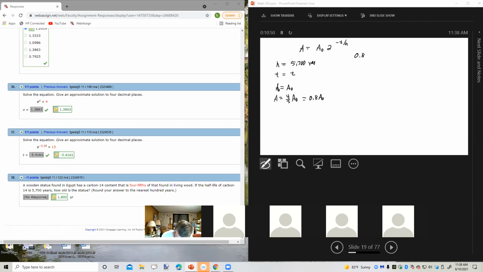So 0.8 A sub 0 equals A sub 0 times 2 to the negative T over 5,700 power. Divide both sides by A sub 0. 0.8 equals 2 to the negative T over 5,700 power. I can now change this into log base 2 of 0.8 equals negative T over 5,700. Multiply both sides by negative 5,700.